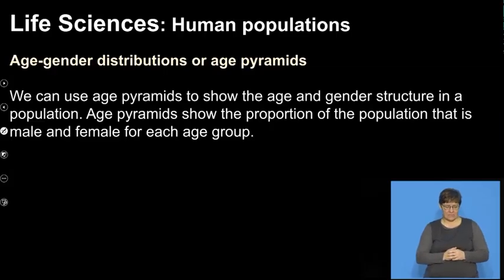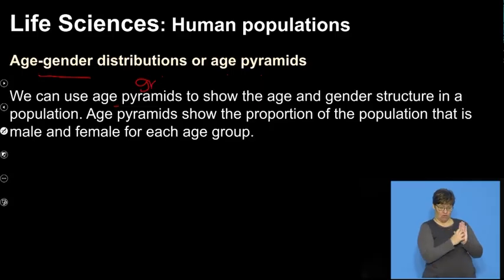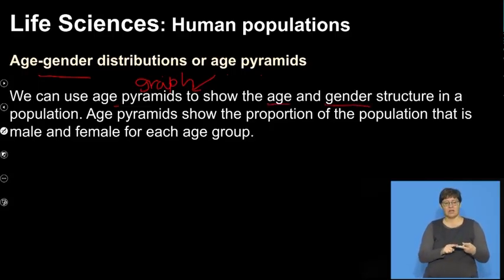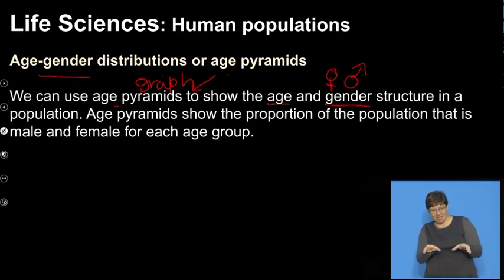So what is an age-gender distribution or an age pyramid? It's a graph, first of all, and it has a pyramid shape to show the age as well as the gender structure. So we're looking at females versus males in a population.